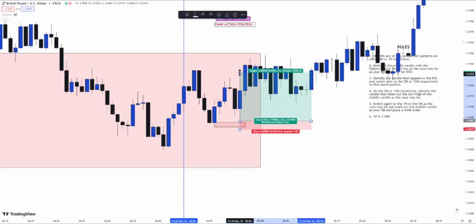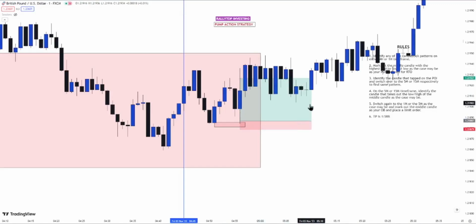So where is your 1 to 5 here? You don't have to be greedy. That's your 1 to 5. All right. And as you can see, price actually gave us 1 to 5 so easily. That's your trade there. 1 to 5 easily. Can you see that? Very easy trade.